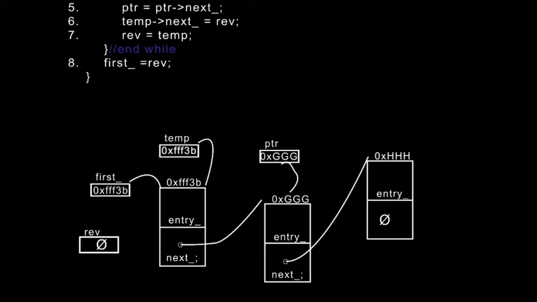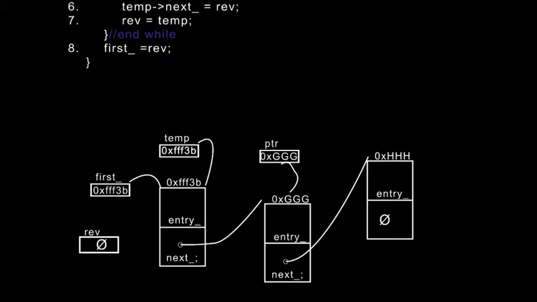Notice in line 5 how PTR equals PTR next makes PTR walk down the list. Let's move on now to line 6. Here it says take the value that's in rev, which is null, and put it into temp's next. Notice when null goes into temp's next, it severs the tie that the first node has with the second node.